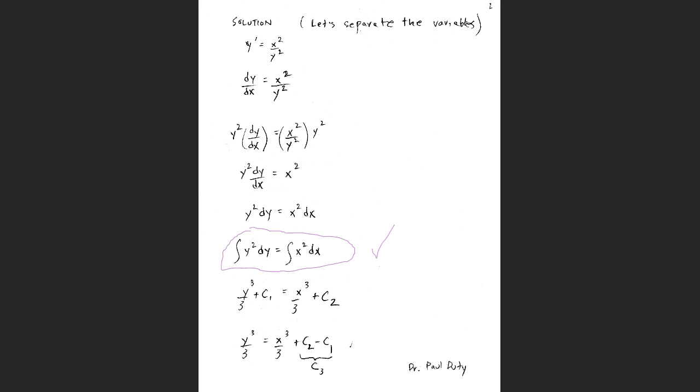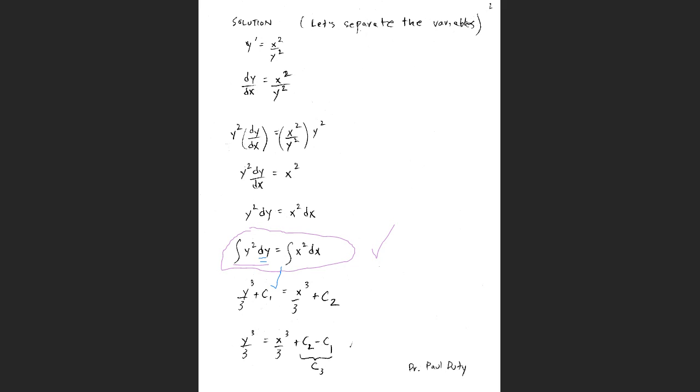But of course, these are indefinite integrals. And so when you integrate y squared dy, you get y cubed over 3 plus a constant of integration on the left. The integral of y squared with respect to y is y cubed over 3 plus c1.